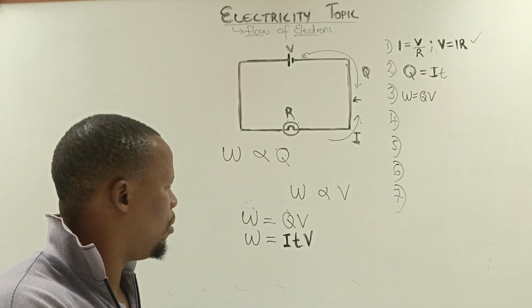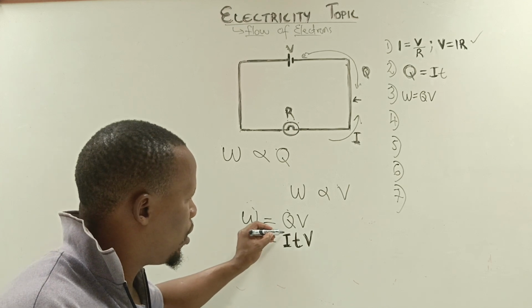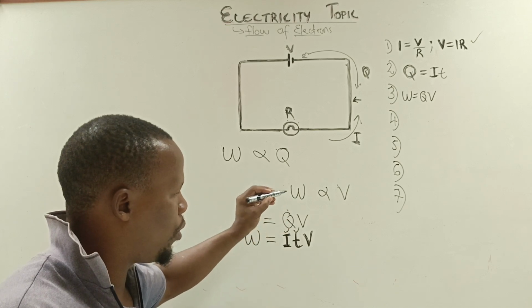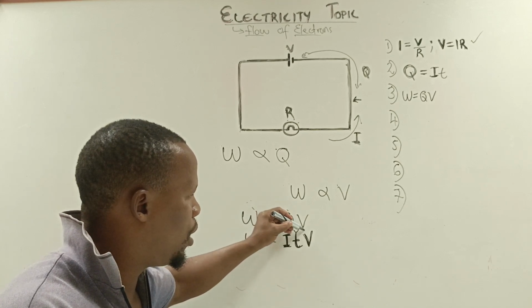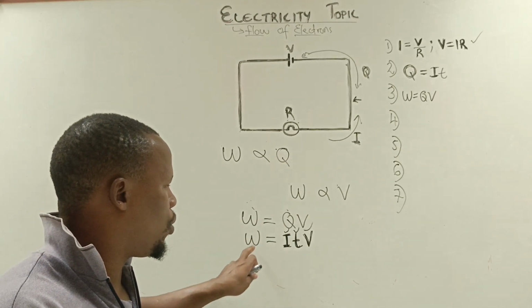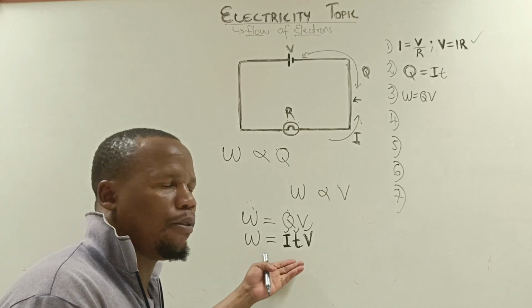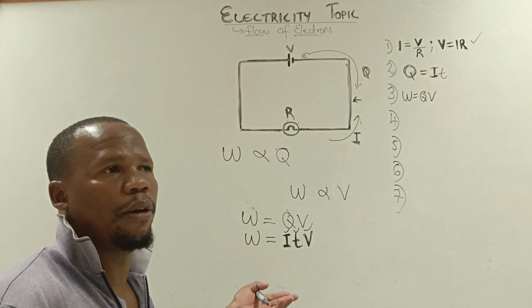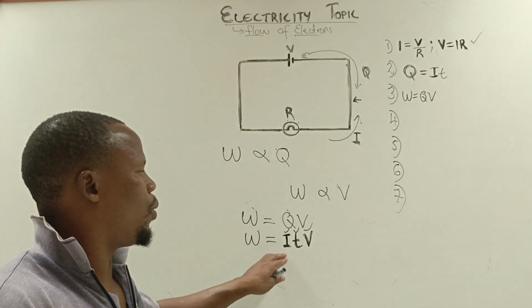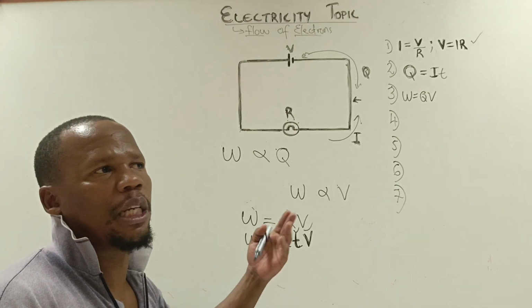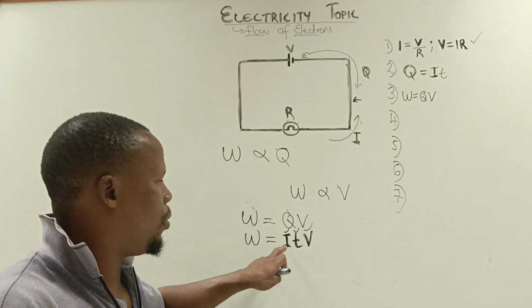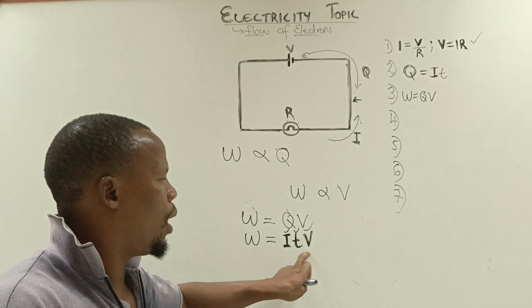Memorize this formula. Can you measure current? Yes, with an ammeter. Can you measure time? Yes, with a stopwatch. Can you measure voltage? Yes, with a voltmeter. So there's only one unknown variable. Do you love this formula? Yes, you love it because there's only one variable. This is why in exams we measure and calculate it. We love this formula more than the other one because there is only one unknown.